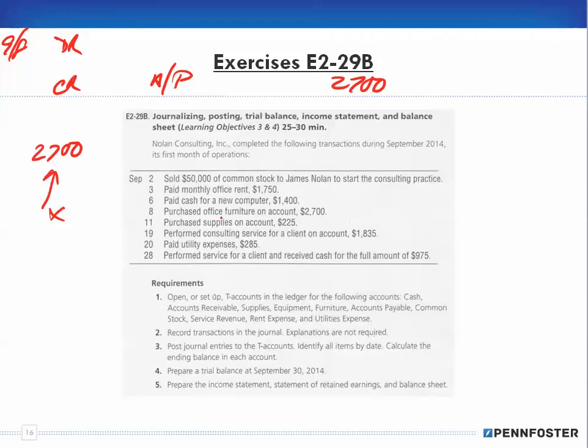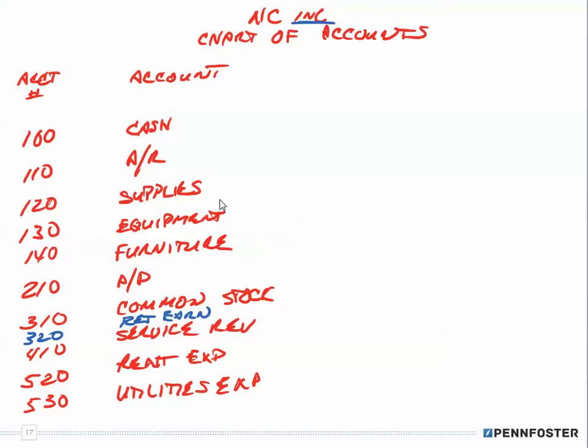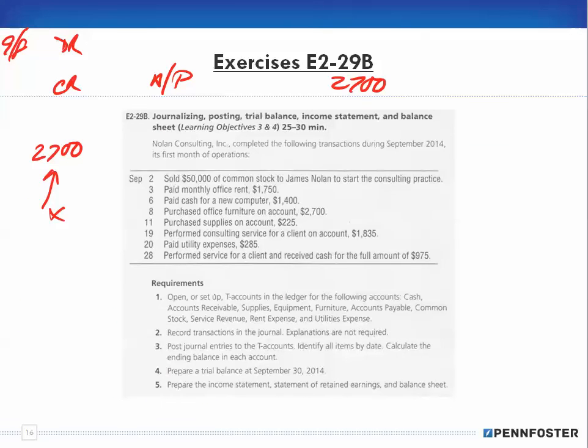Well, what am I buying? It's something I'm going to own, and so it's an asset. And what asset accounts do I have, and what makes the most sense? So it's office furniture, so I choose the furniture account. Okay? So I'm going to debit the furniture account, right, for $2,700.